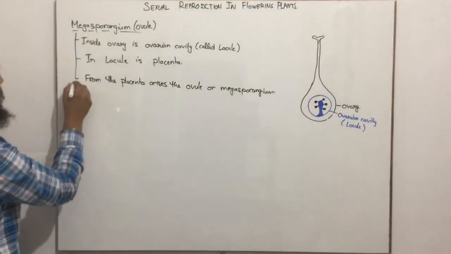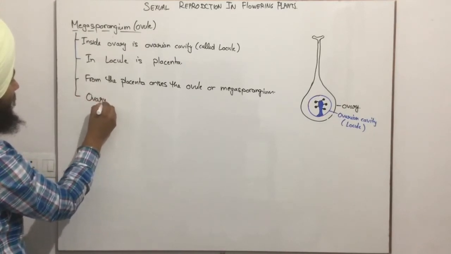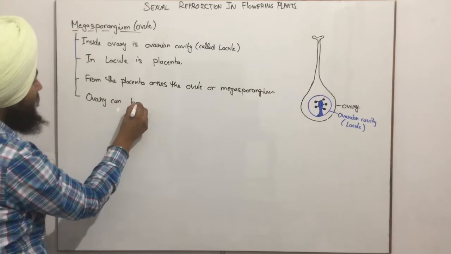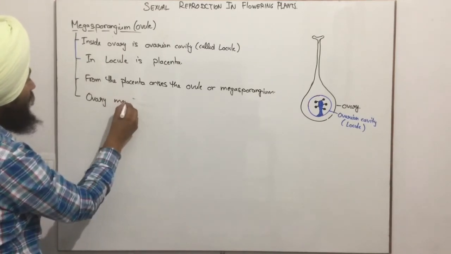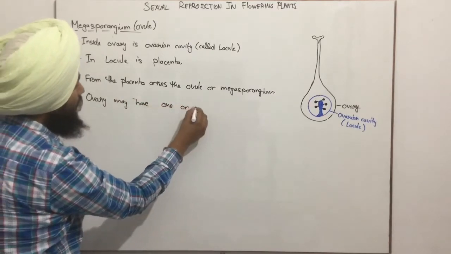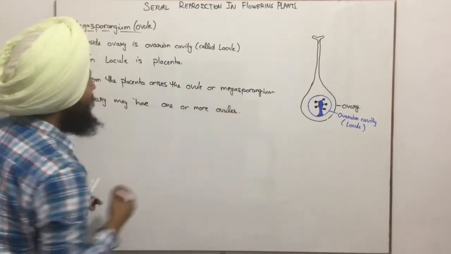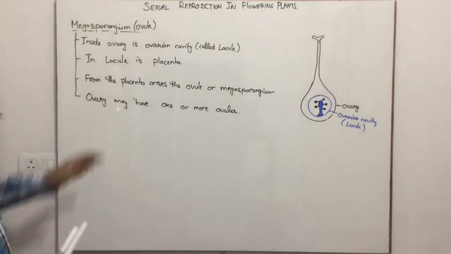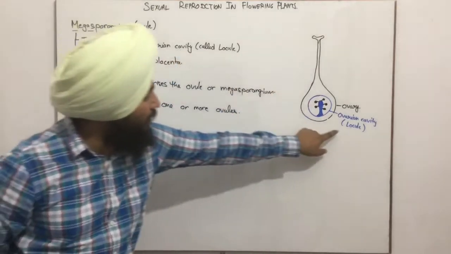The ovary may have one or more ovules. Inside the ovary we have the ovarian cavity that is called the locule.